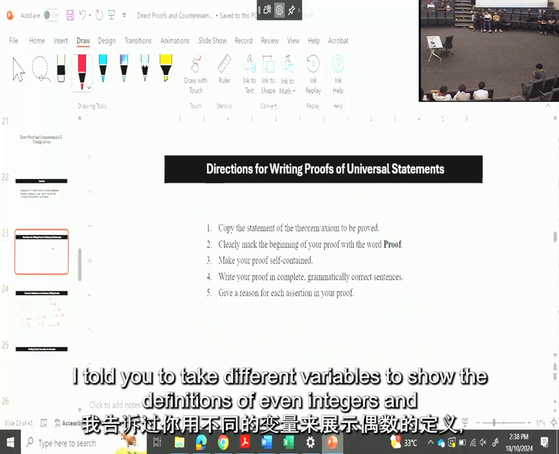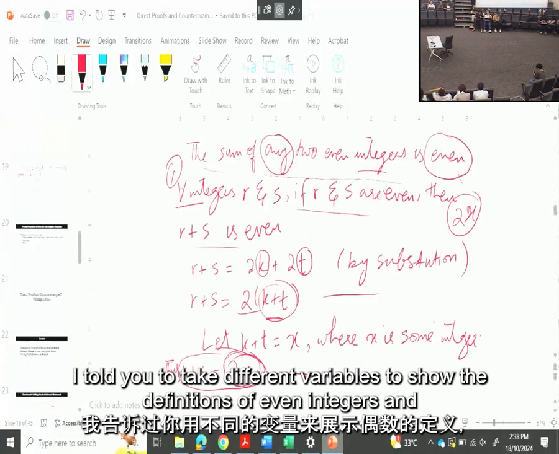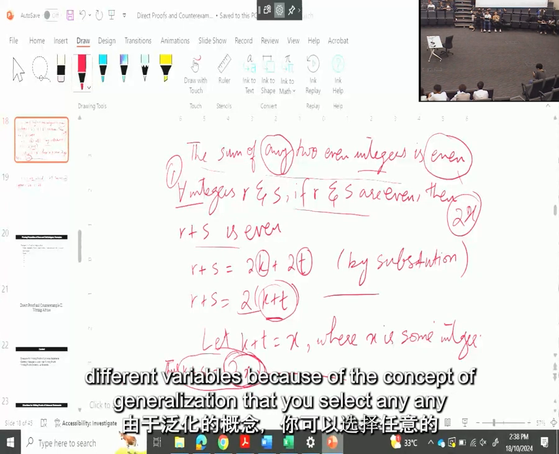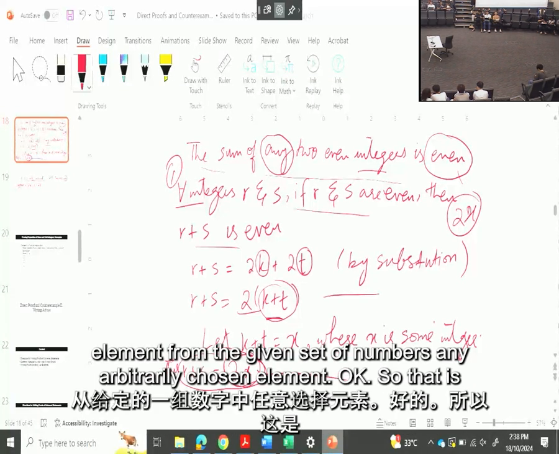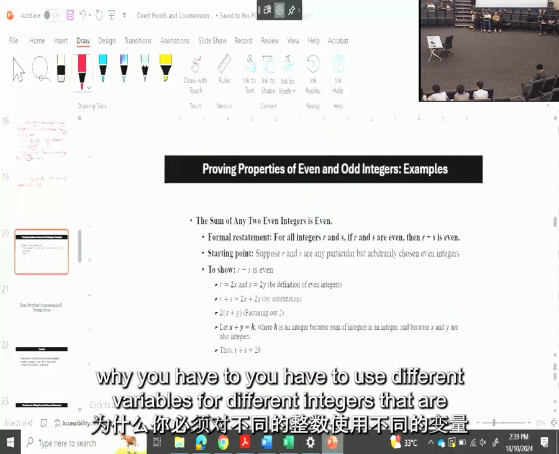I told you to take different variables to show the definitions of even integers and odd integers. Even if you have the same integers or you have different integers, use different variables because of the concept of generalization, that you select any arbitrarily chosen element from the given set of numbers. That is why you have to use different variables for different integers that are given to you.